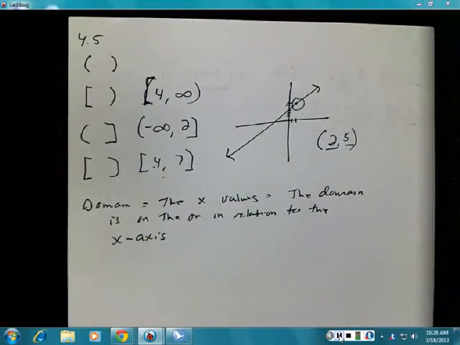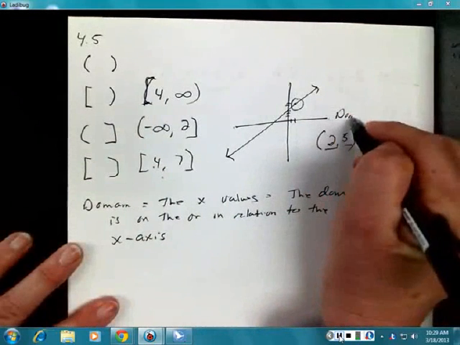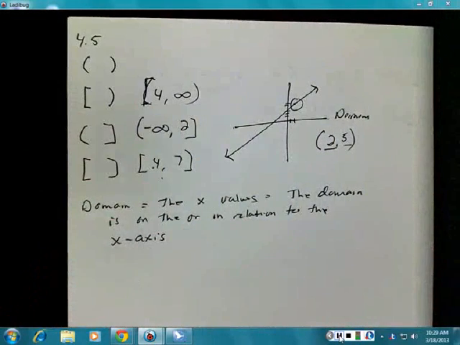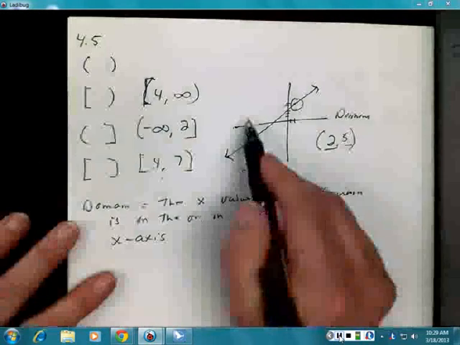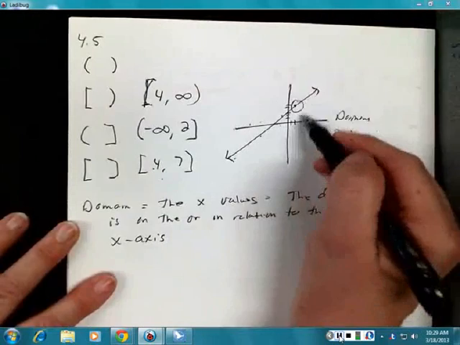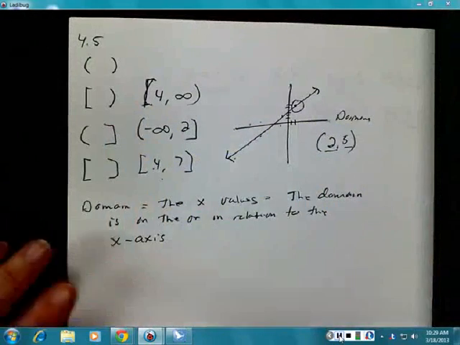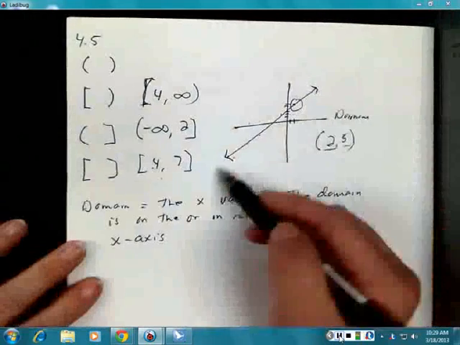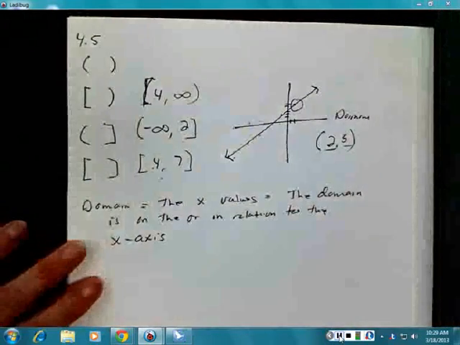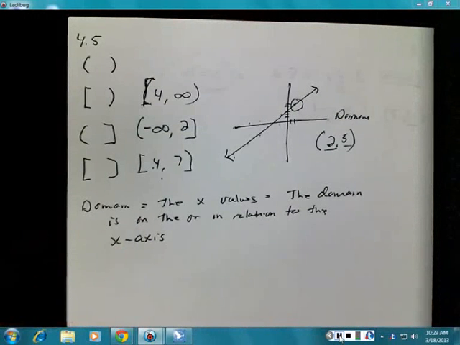So my domain on this is always going to be stuff along the x-axis. So if I'm walking along the x-axis and I keep finding values along the x-axis that end up representing the stuff on that line, I know that that line is going to go on continuously and it never ends. So it goes on indefinitely in each direction that I happen to have in that. Okay?